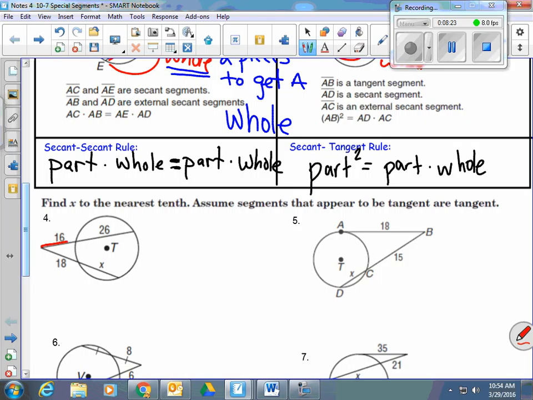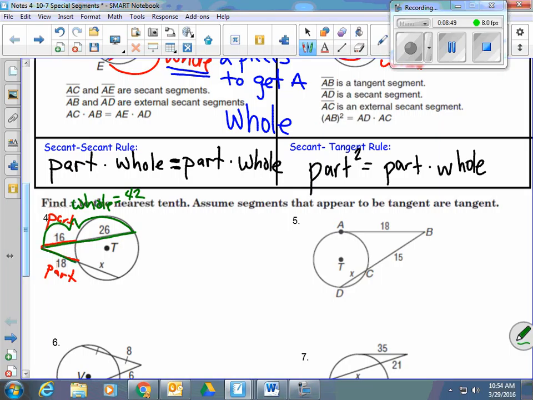Somebody tell me what's this called right here? Part. What's this called right here? Part. What's this piece right here called? Whole. What do I have to do to get the whole? Add what? 16 and 26. What's 16 plus 26? Okay?